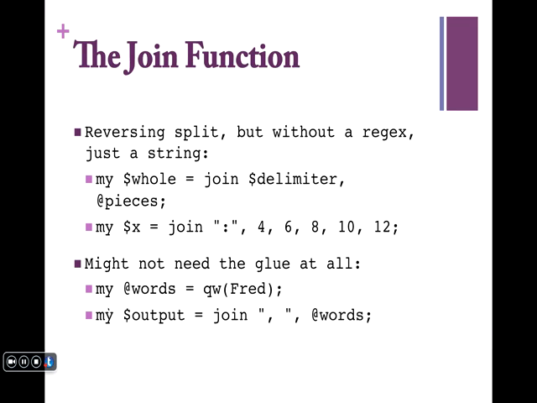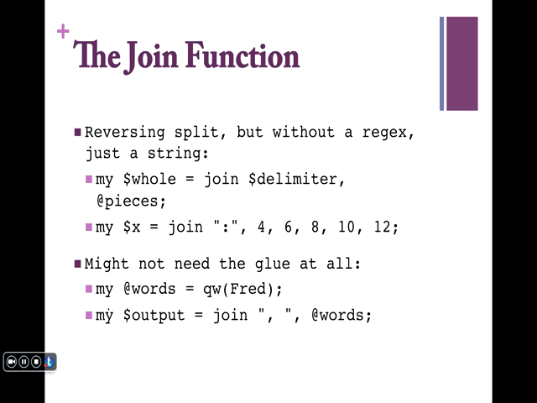In the example, the second line, I have a delimiter colon, and then I have the list, which is here. It's any list that you can consider, and I separate them by comma: 4, 6, 8, 10, 12. So the result will be 4 colon 6 colon 8 colon 10 colon 12. And it only works between the elements. It doesn't add the colon before the 4 or after the 12, so pay attention to that.